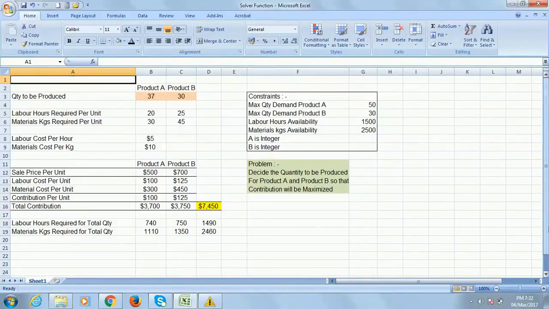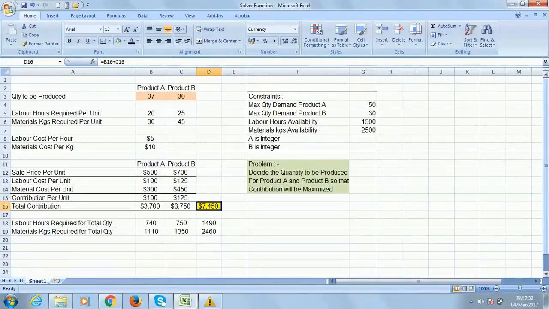Take a typical situation in a factory where you can produce two products, and you have to produce them in such a way that you increase the profit, that is, your contribution, sales minus variable cost, will be maximized.